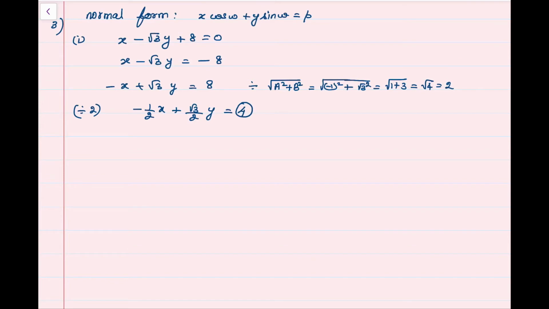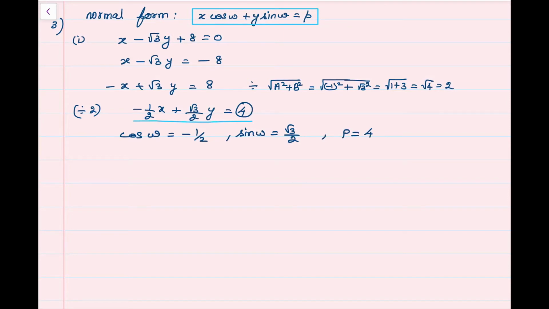Now comparing the equation which is in the normal form and this equation, we get cos omega as minus half, sin omega as root 3 divided by 2 and p value as 4 units. Cos is negative, sin is positive. It is second quadrant angle and the base angle is 60 degrees.